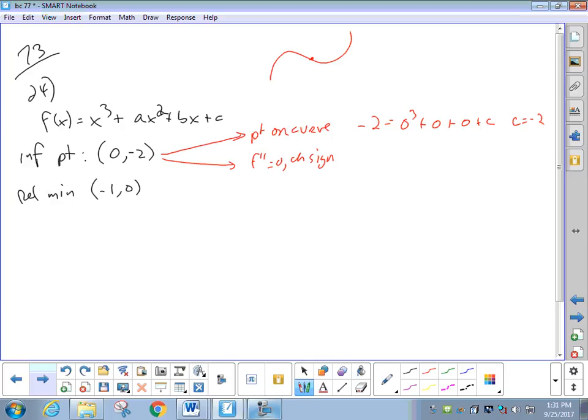So that tells me that if the derivative is 3x squared plus 2ax plus b, and the second derivative is 6x plus 2a, then the second derivative at 0 is 0. If I look at the second derivative and say it's 0 when x is 0, that implies that a is 0.